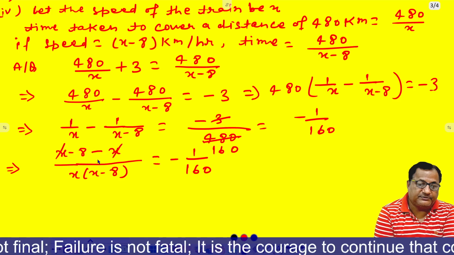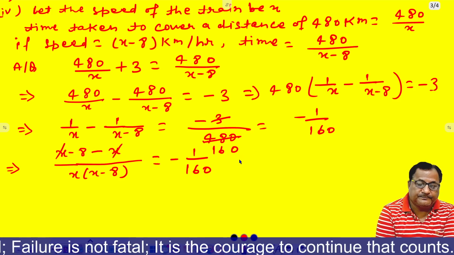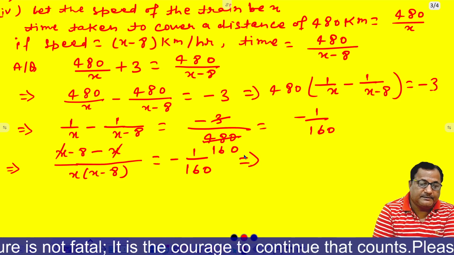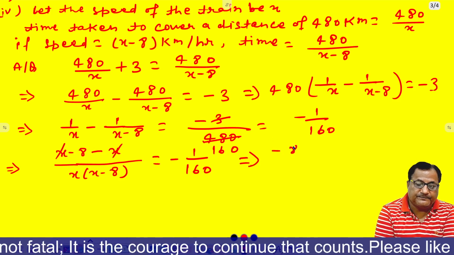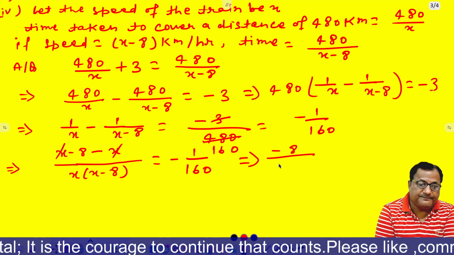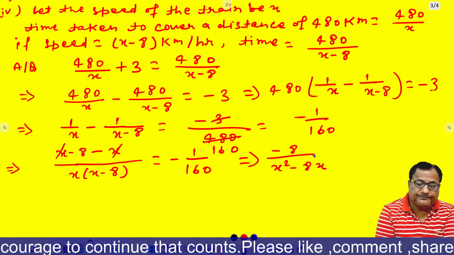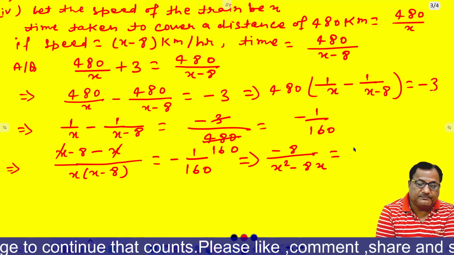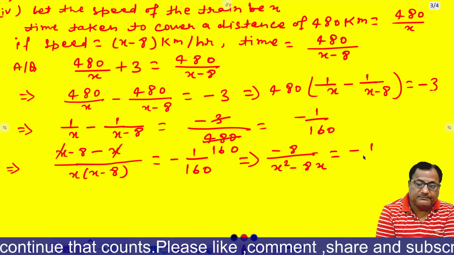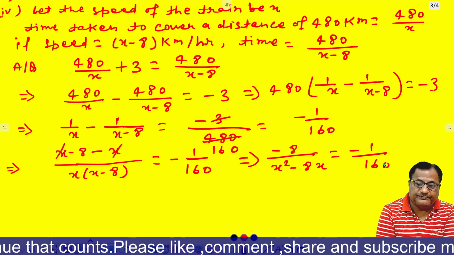This will be cancelled. Here will be minus 8 by x square minus 8x is equal to minus 1 by 160.